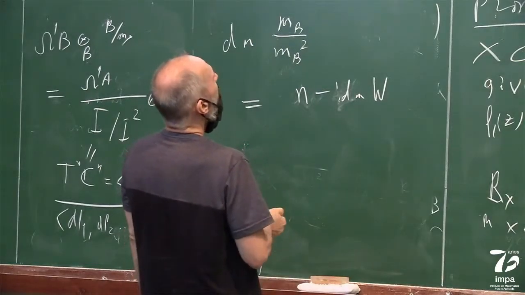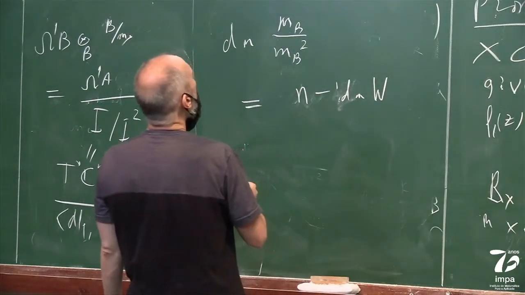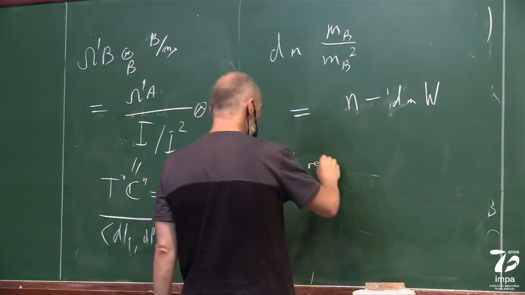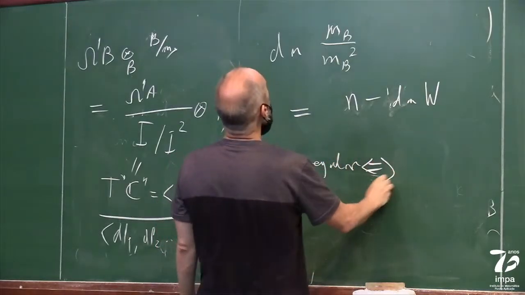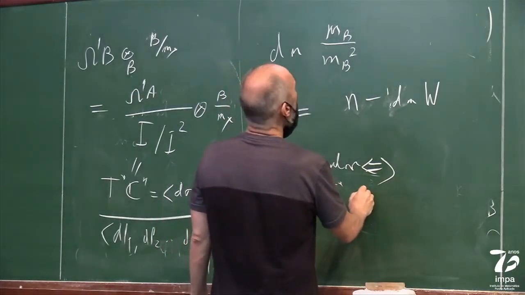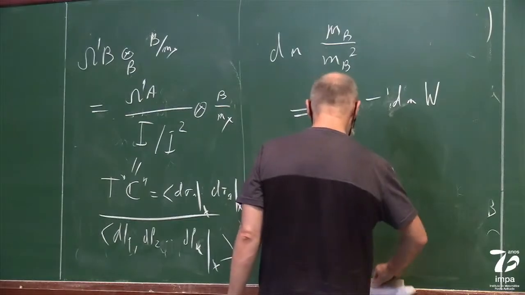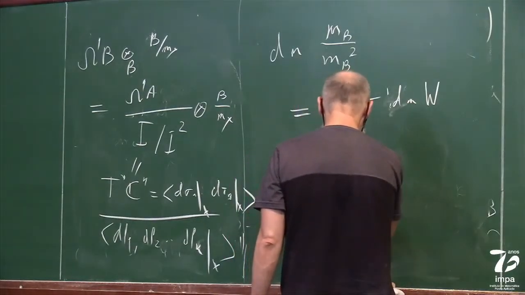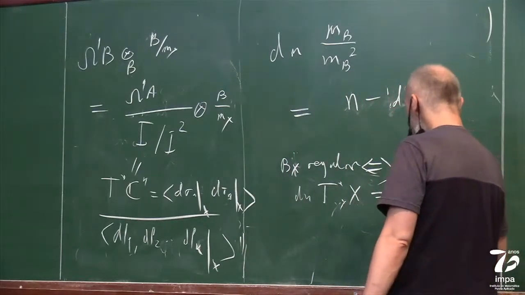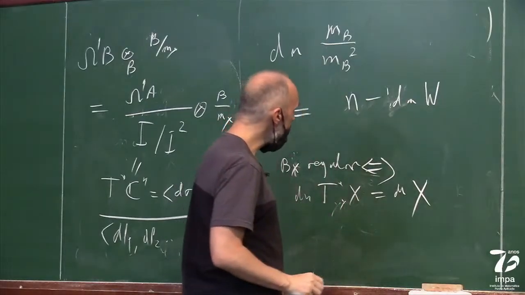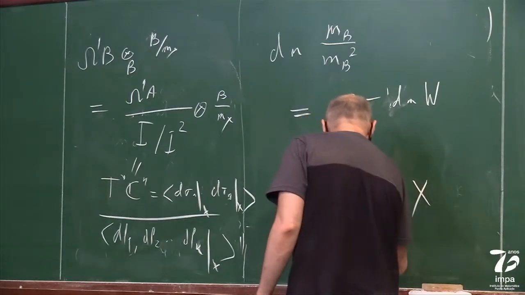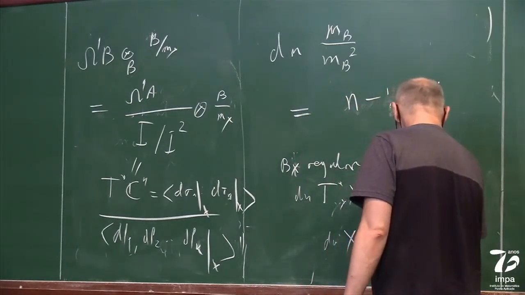Okay. Now, Bx is regular if and only if the dimension of T star x in X is the dimension of X. So the dimension of X is bigger or equal than n minus k.